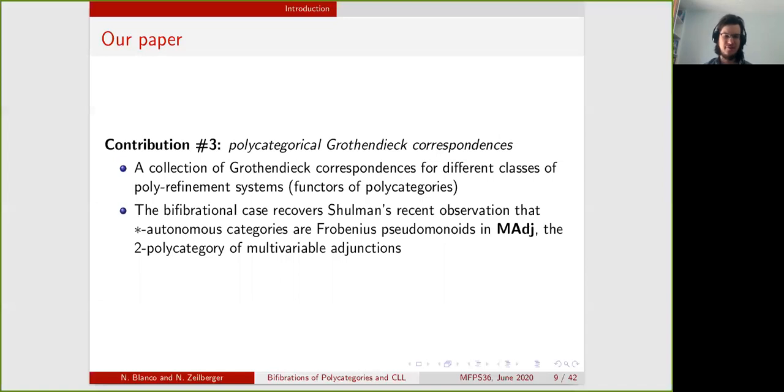And finally, there is a third contribution that we won't have time to get into the details of in this talk. That is polycategorical Grothendieck correspondences.